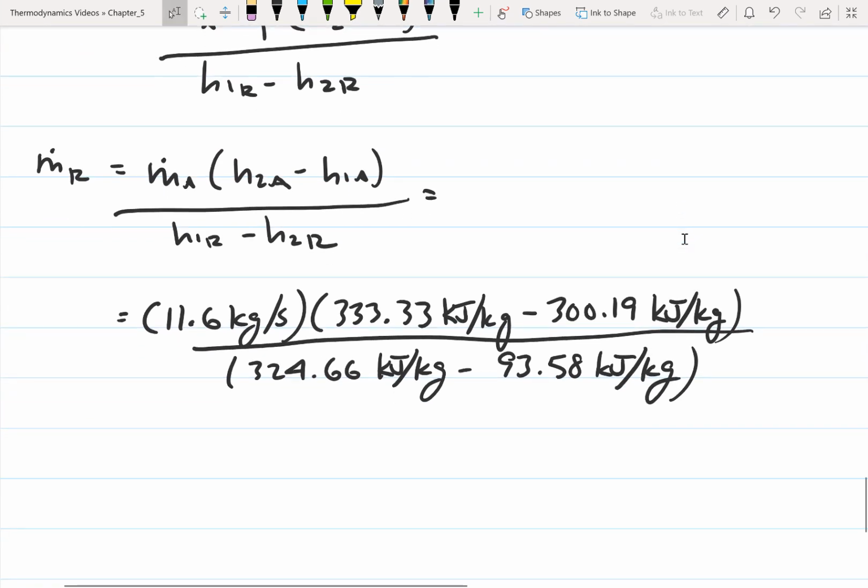Let's make sure the units cancel out again. The kilograms all cancel, the kilojoules all cancel, and we're left with kilograms per second. So this works out to 1.66 kilograms per second. So we got the same value with both methods.